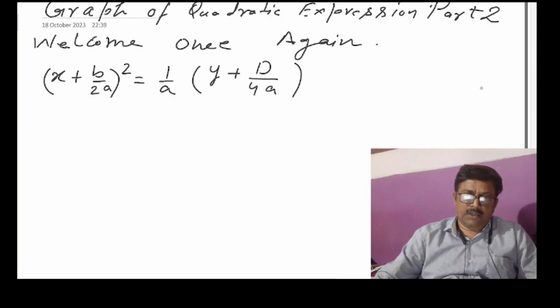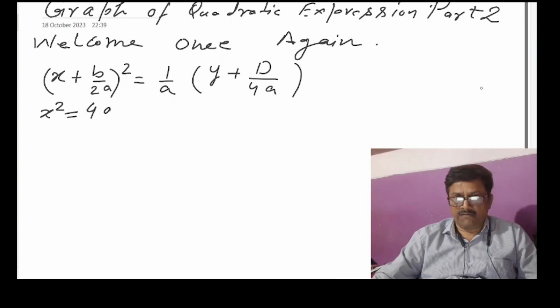Now, as we know, the equation of a parabola is of this type, x square equal to 4ay. So here two cases arise.